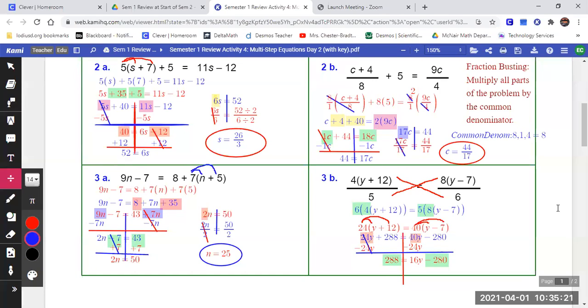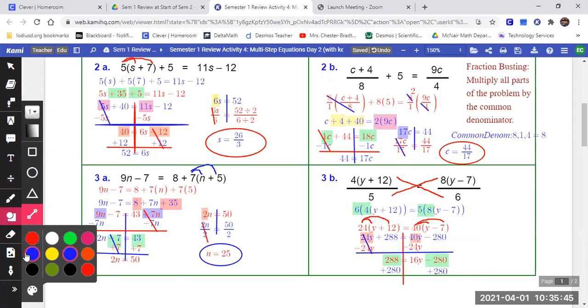How are we getting that negative 280 out of there, guys? Adding 280 to both sides. So add 280 to the left. Whatever we do on one side, we have to do on the other. Do our math. That's 0.